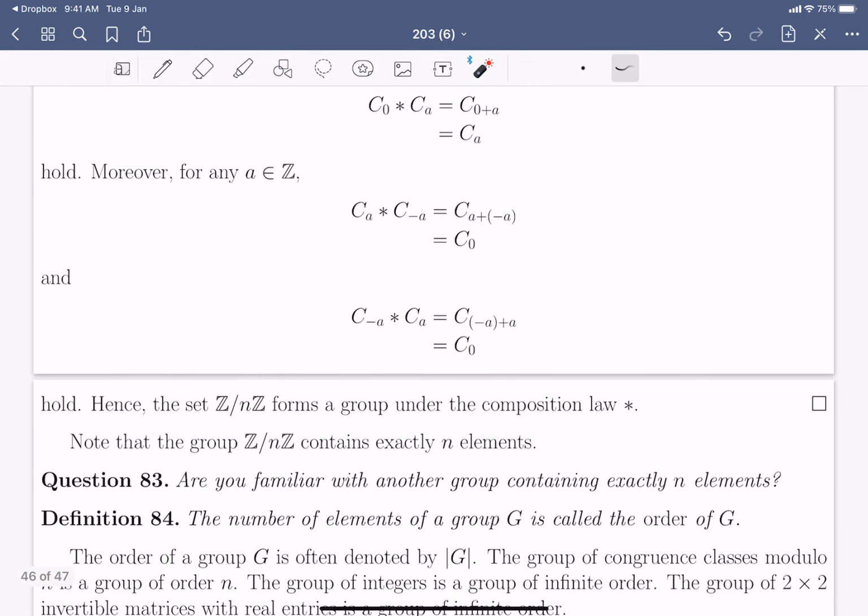That is again straightforward to do: C_A plus C_(-A) is C_0. And this shows that the set Z mod nZ forms a group under the composition law that we defined in Definition 80.